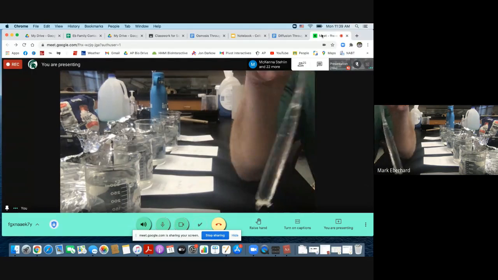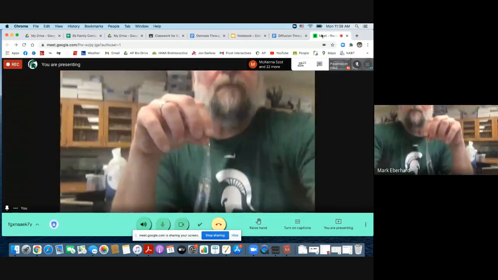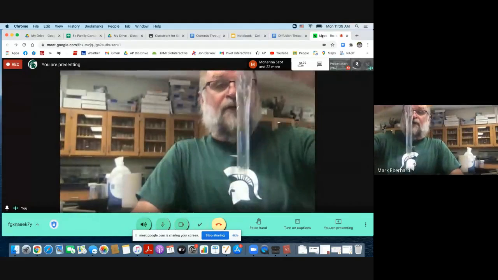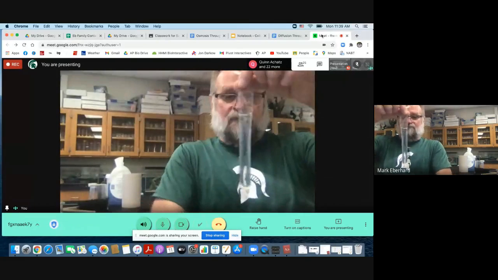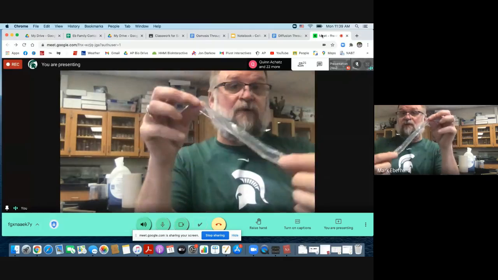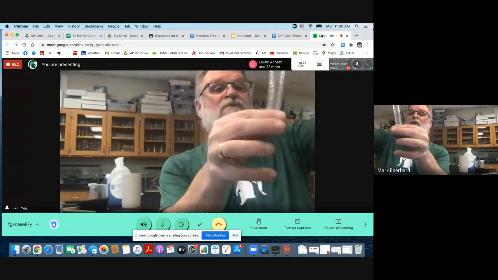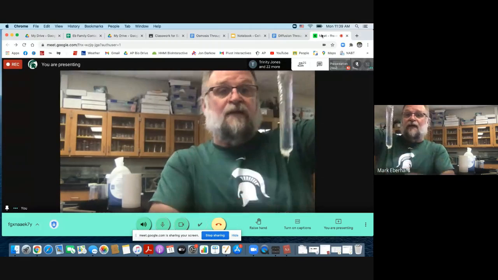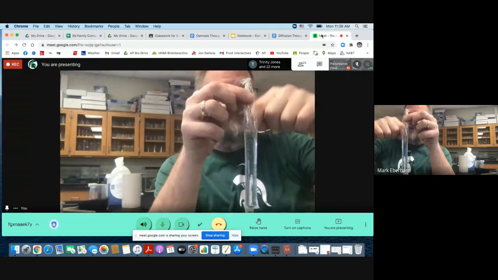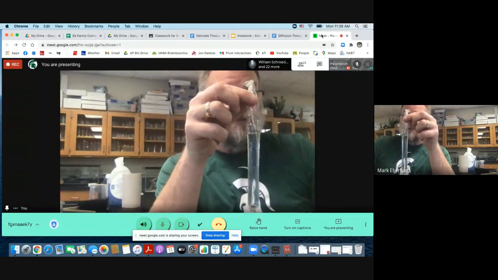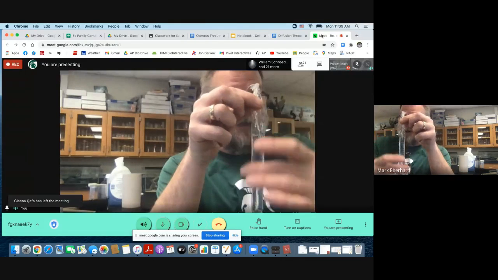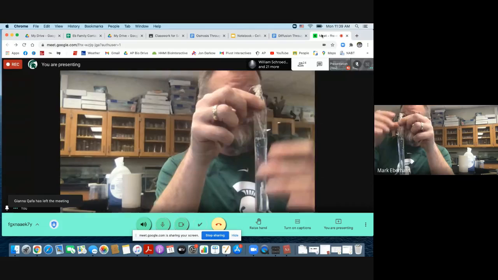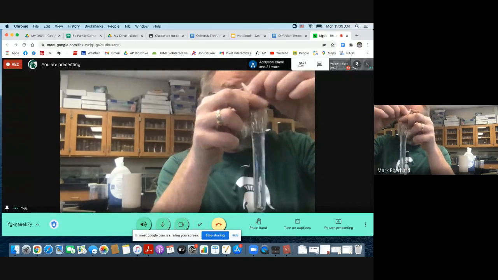So here's the one from beaker A. You can see it looks pretty much the same as the ones we created before. I twisted, folded, and tied the bottom. I took a syringe, and in this case, added 0.9 molar sucrose solution. So this has got a lot of sugar in it, along with water. And then I tied the top.